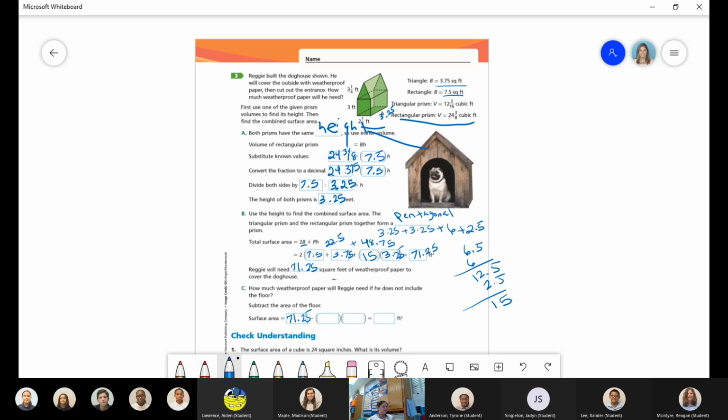I don't know why they didn't just put 7.5, but they want you to actually subtract it from 2.5 times 3.25, which should give me 7.5, I think.